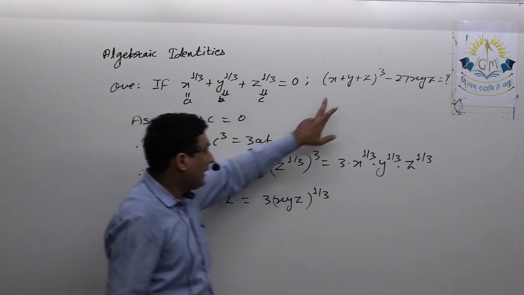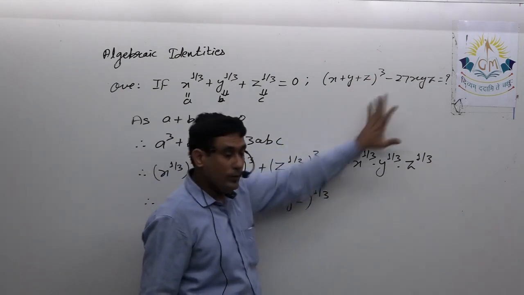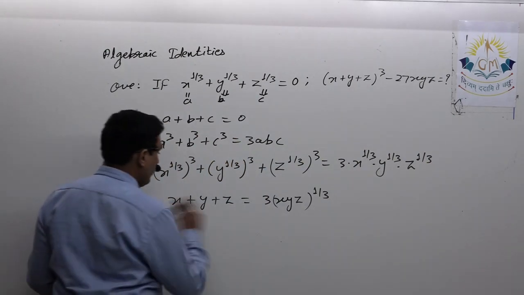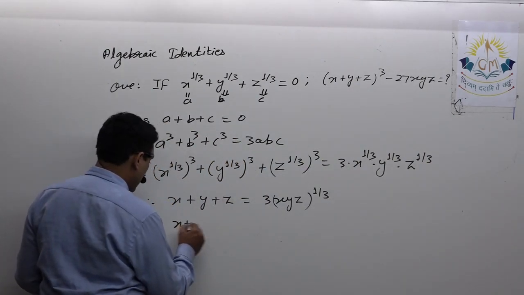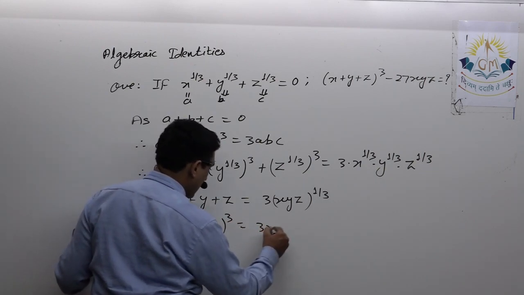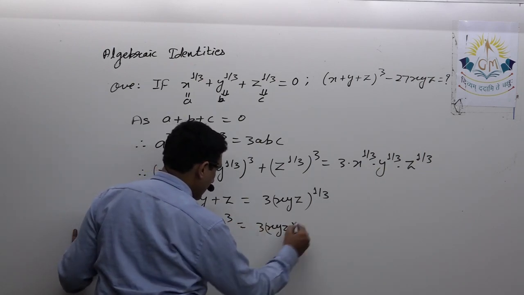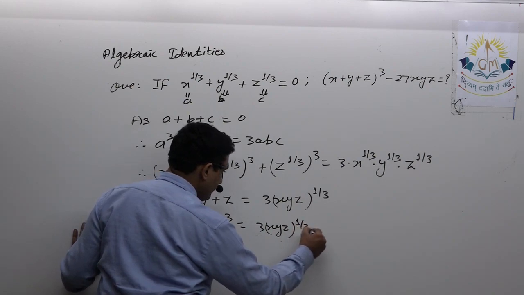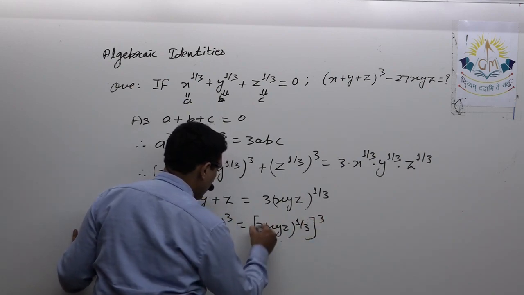But what I need is x plus y plus z whole cube. So if I cube both sides, I get x plus y plus z whole cube is equal to 3xyz raised to 1 by 3, whole cubed.